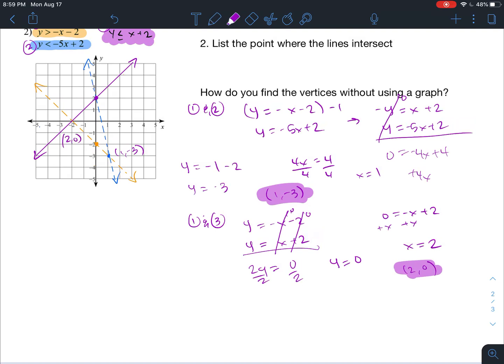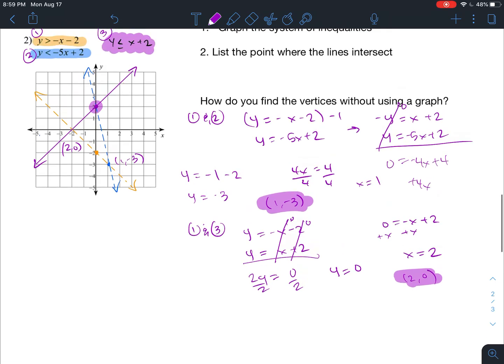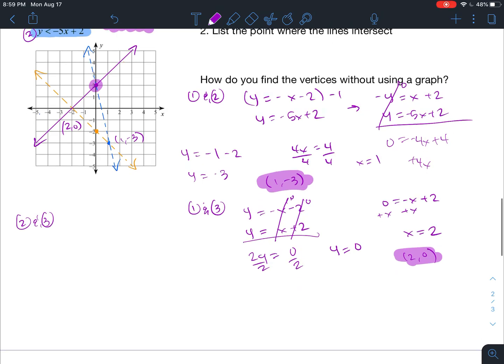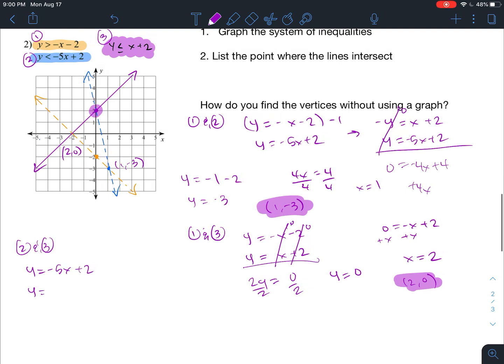Now the last one that we need to find is right here. So our purple and our blue line. And that is going to be equations 2 and 3. So 2 is y is equal to -5x plus 2. 3 is y is equal to x plus 2.